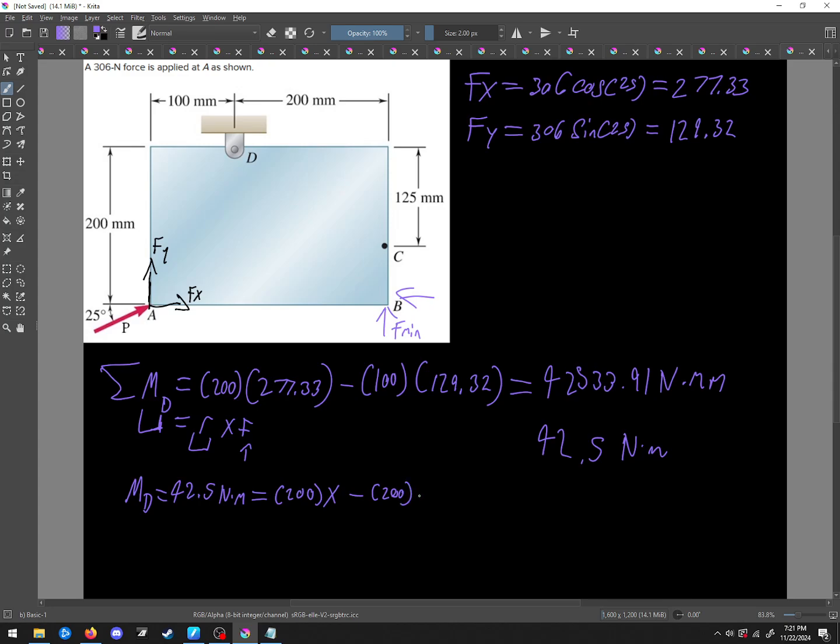Or no, yeah, it's 200 both ways. Oh boy. That doesn't look good, does it? When they just cancel each other out. Interesting.